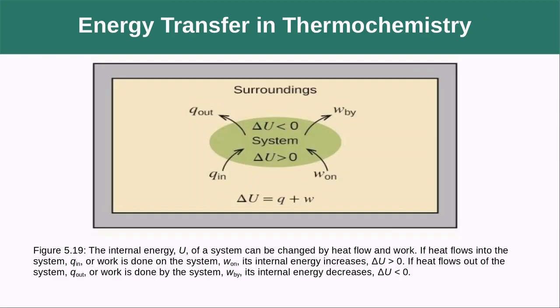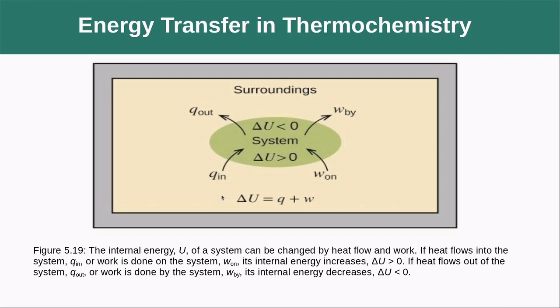We can see that here where we have our system in the center, and when the internal energy is negative, work and heat are being removed from the system. Whereas if the system is gaining internal energy, work is being done on the system, heat is going in. Now, I will mention that this is a little bit of an oversimplification.